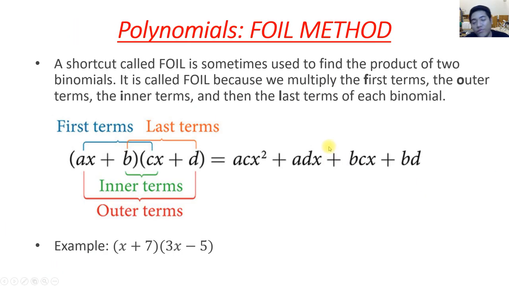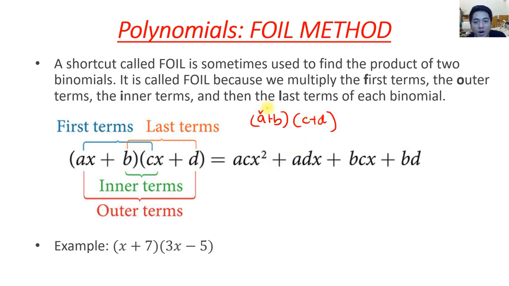So how about the FOIL method? There is what we call the FOIL method, or a shortcut, used to find the product of two binomials. Binomials meaning we have a plus b multiplied by c plus d.